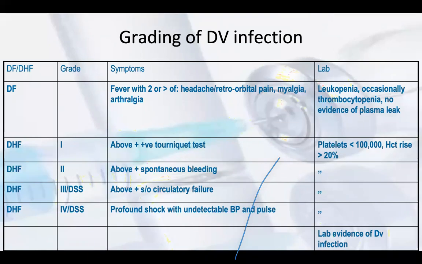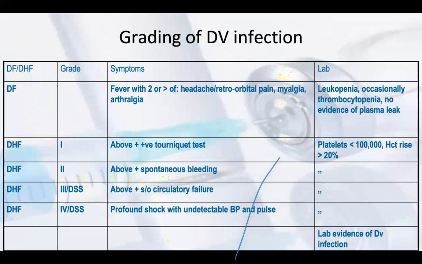First is simple dengue fever. Symptoms: fever with two or more of headache, retroorbital pain, myalgia, arthralgia. Lab tests may occasionally show leukopenia. There is no thrombocytopenia and no evidence of plasma leak on lab tests; that is only dengue fever.